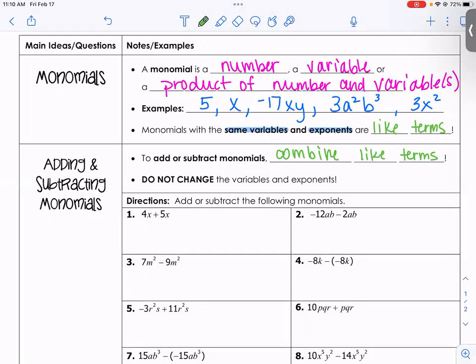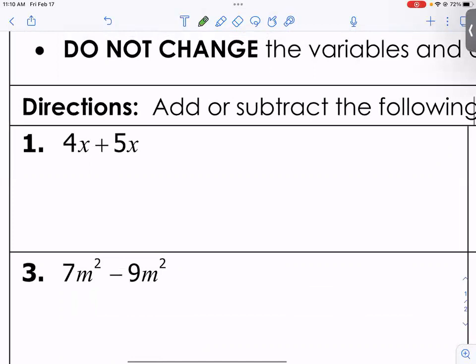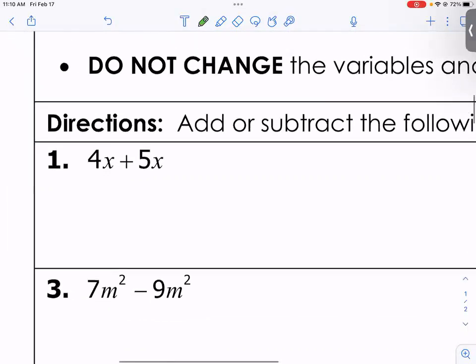When we combine like terms, as long as the variables with their exponents are the same, then they stay the same after we combine like terms. We just change the coefficient. But we did it in a little bit different context. We only did it with like x's and y's. So I want to make sure we can do it with our exponents, okay?